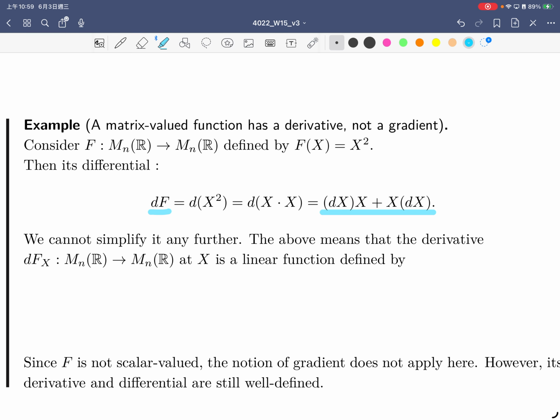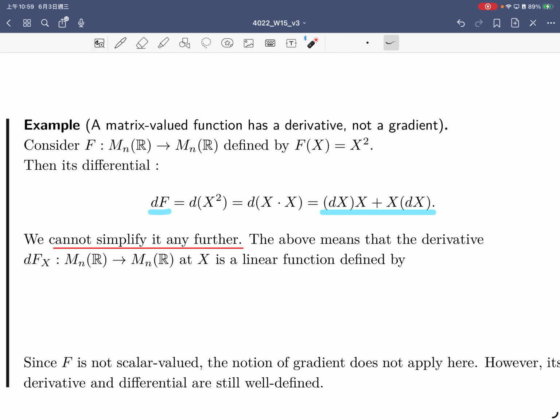So you can't say that they commute. Previously, because we're working in a trace, that's why you can flip it around. But in general, without trace, you can't flip it. So we can't simplify any further. So the differential df is just dx x plus x dx.